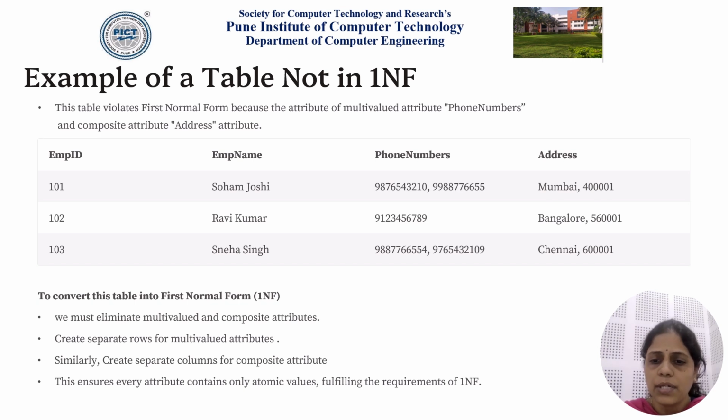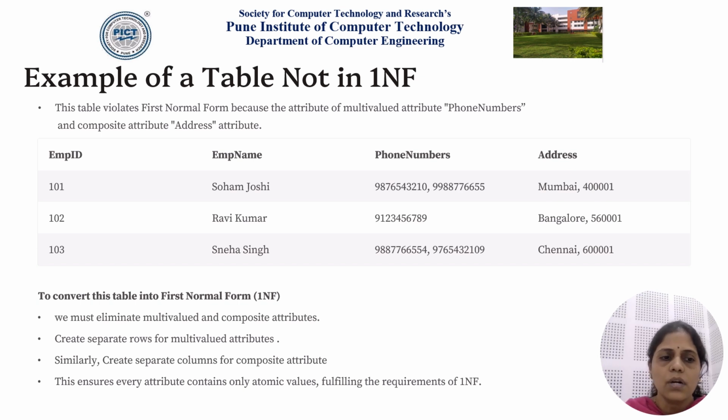The next attribute is the address. For the address field, there is the city and the pin code, so I can easily divide this attribute into a number of smaller attributes. A relation in 1NF should not contain such multi-valued and composite attributes.